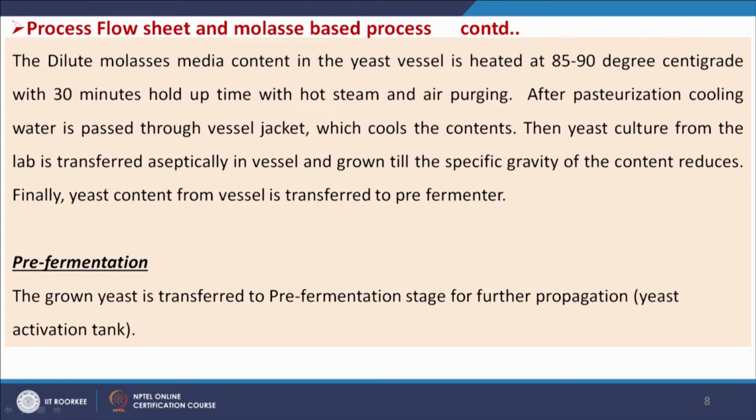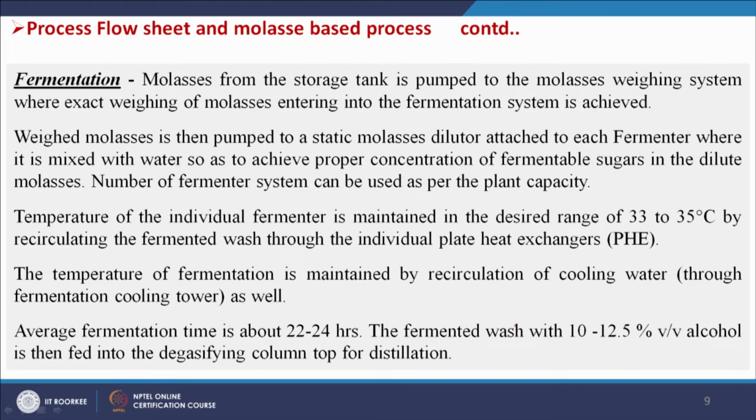Then yeast culture from the lab is transferred aseptically into the vessel and grown till the specific gravity of the content reduces. Finally, yeast content from the vessel is transferred to the pre-fermenter, where the grown yeast goes for further propagation, and then it comes to fermentation, where certain conditions are maintained so that yeast will work perfectly on the sugar present in the fermentation media.